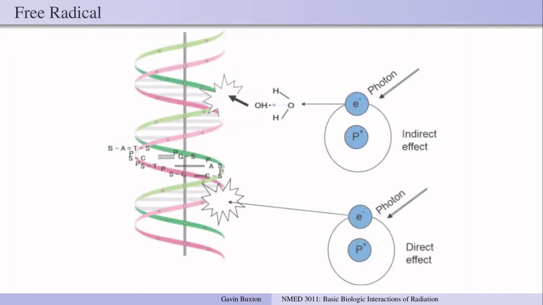So indirect action involves the formation of free radicals. Direct action is when the DNA is damaged directly. Now, direct action dominates for more densely ionizing radiations, such as fast neutrons or alpha particles. Think of these particles like large bowling balls coming in and knocking everything out of their path. There is a dense line of ionizations along the path of the particle that is more likely to interact directly with the DNA.